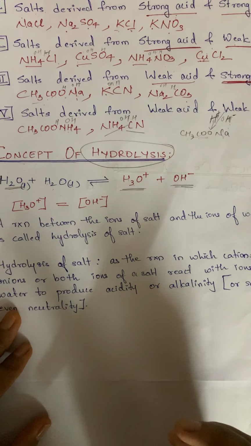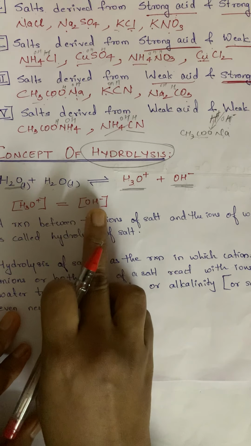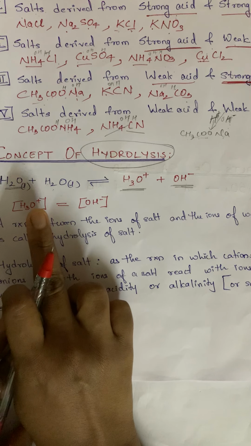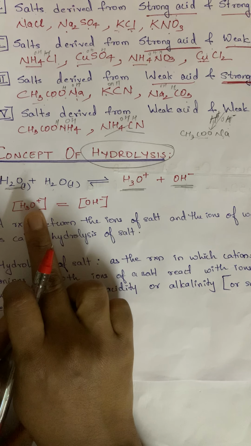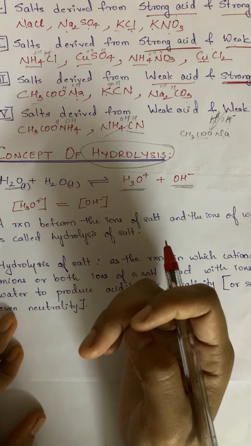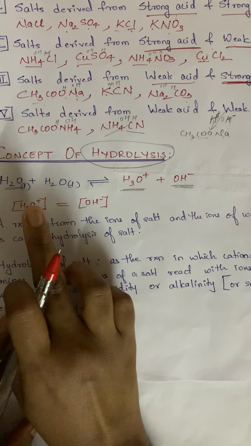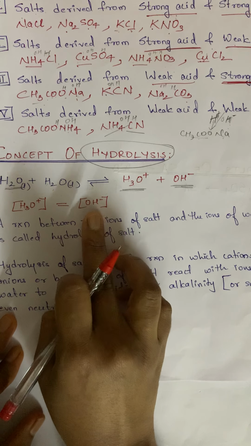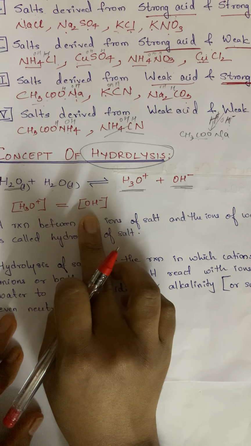When a cation reacts with the negative component of water, H3O plus will become excess. As a result, the solution will be acidic in nature. When an anion reacts with the positive component in water, an excess of OH minus is generated. That time the solution will be basic in nature.